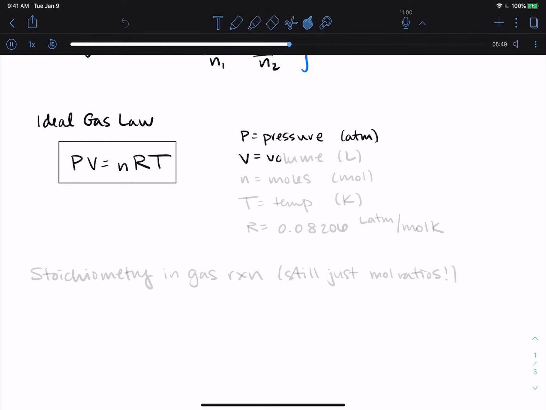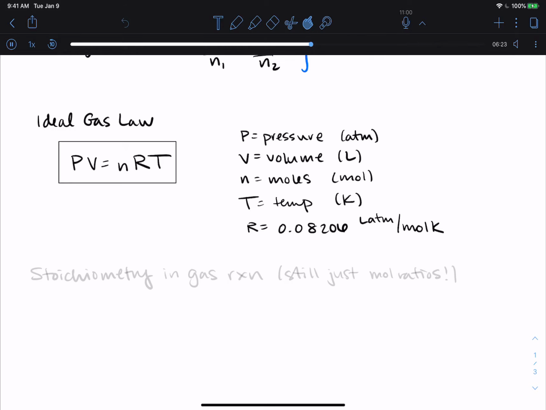V is volume in liters. n is number of moles in, well, moles. T is my temperature in Kelvin. And then R is the same as the one that we saw in the previous video. So 0.08206 liters times atmospheres divided by moles times Kelvin.